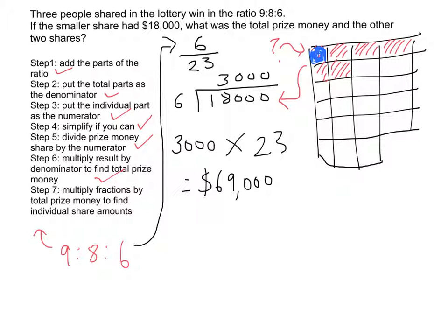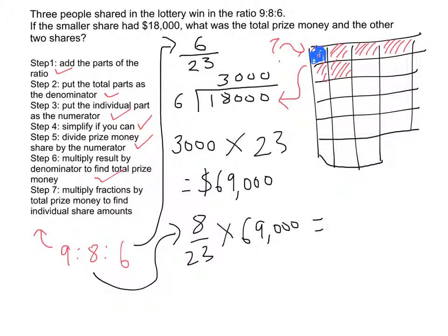Now, to make this into a fraction, all we have to do is 8 over 23 multiplied by the total prize money, which is 69,000, and that will equal $24,000.